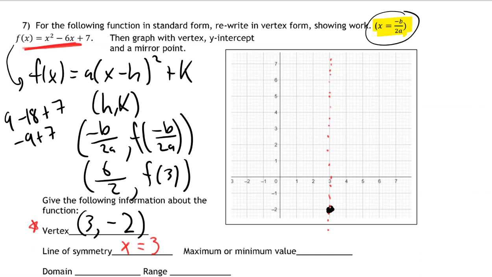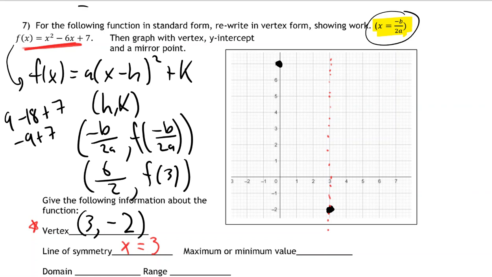Okay, is this going to be a minimum value or a maximum value? How do you know that? How do you know it's opening up? Okay, so there is the y-intercept, that's true. If you thought about the y-intercept, which we'll have to do at some point, then you're going to have the general shape of your graph, that's fine.